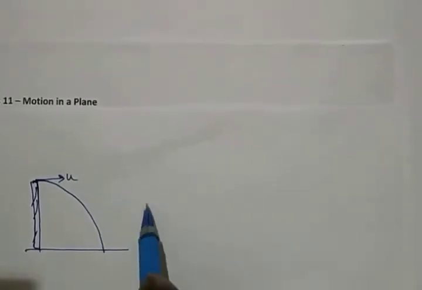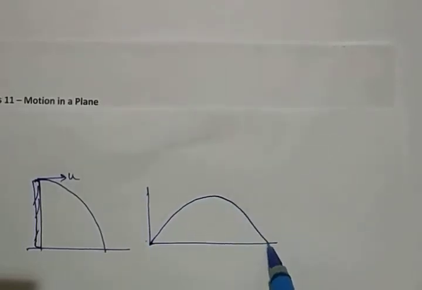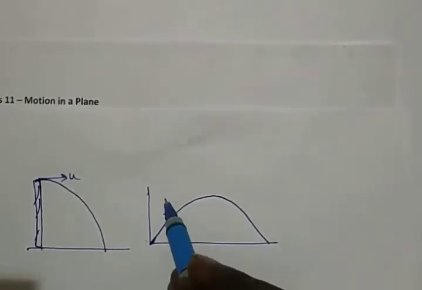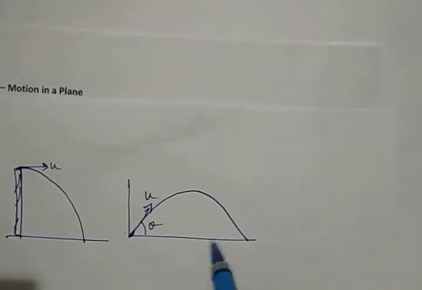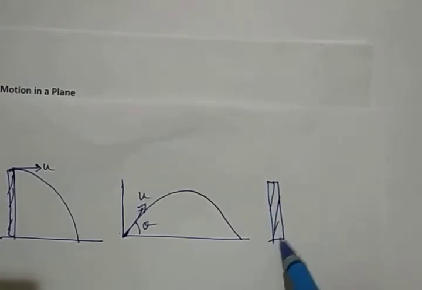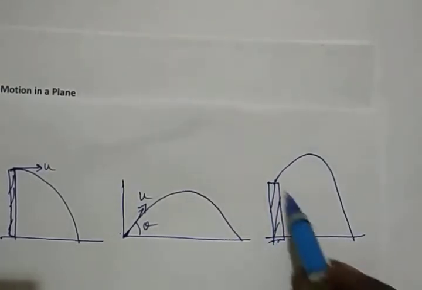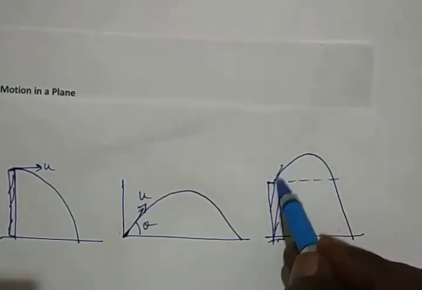Another is a projectile given like this, with velocity given here at an angle theta. And the third projectile motion could be from a height, thrown upwards and then it comes down.